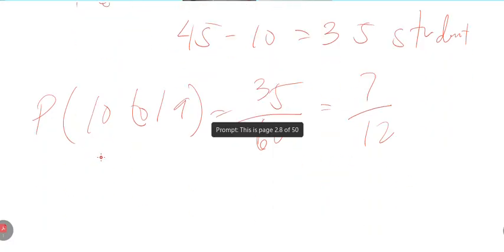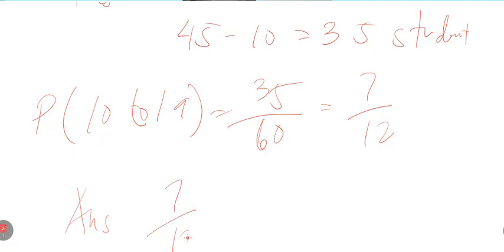So our answer for B is 7 over 12, or 0.583. Okay, so that's for B.